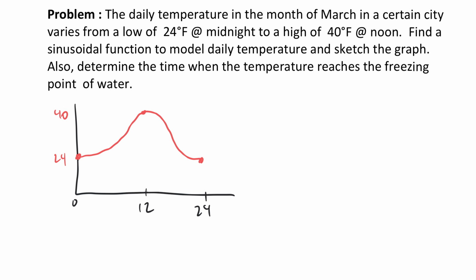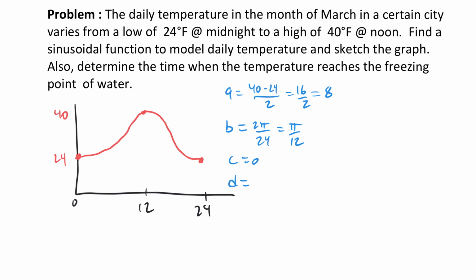Well, let's go ahead and crunch our values. A will be 40 minus 24 over 2. So 16 over 2, so 8. For B, we have 2 pi over 24, so pi over 12. C, again, it's kind of debatable here. It looks to me like just a reflected cos, so I'm just going to set C to 0 for convenience.